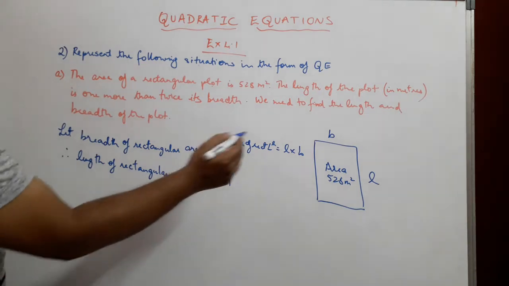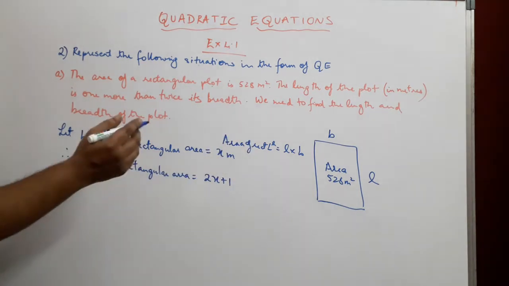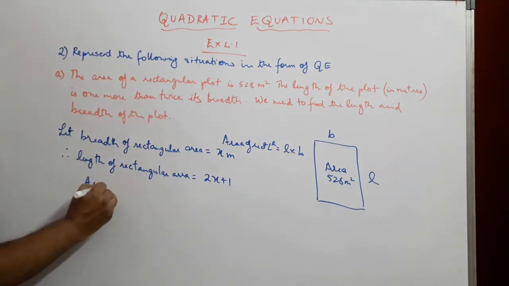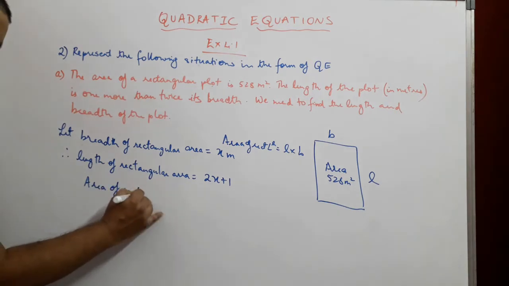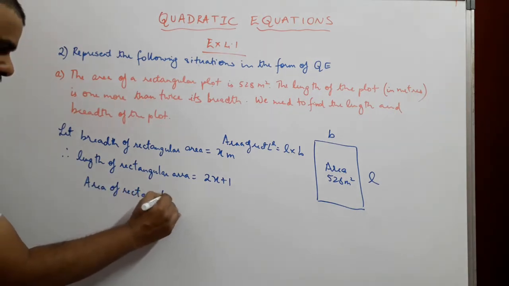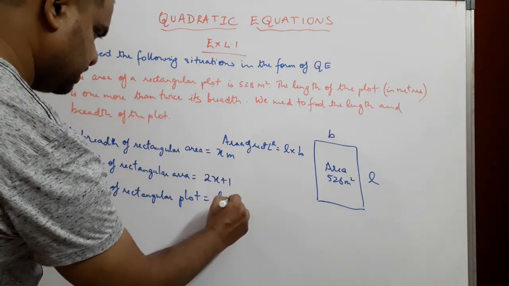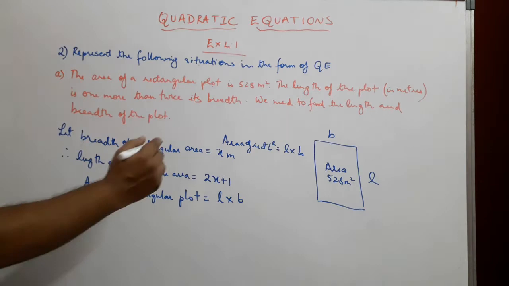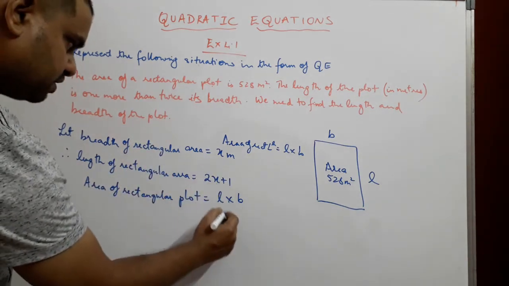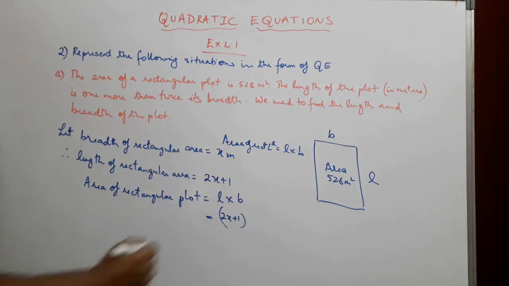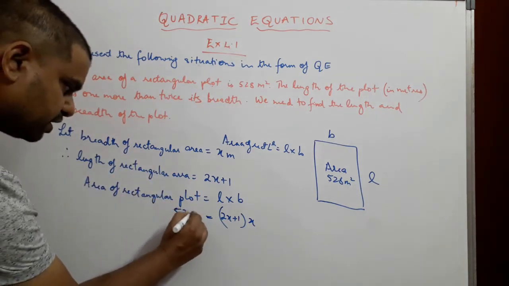Now we have been given that it is a rectangular plot, so area of rectangular plot is equal to length into breadth. Length is 2x plus 1 and breadth is just x. And the area of the rectangular plot is given to us as 528 square meters.